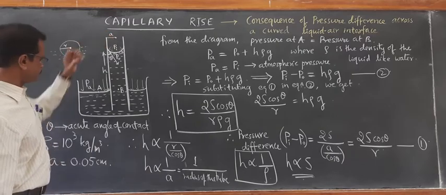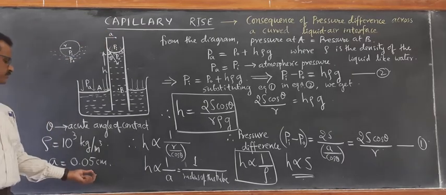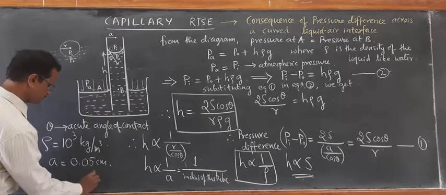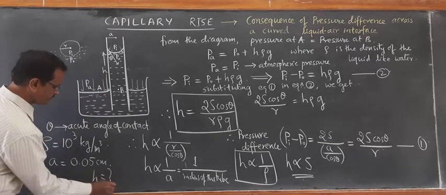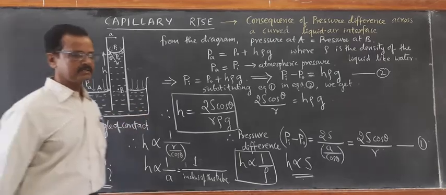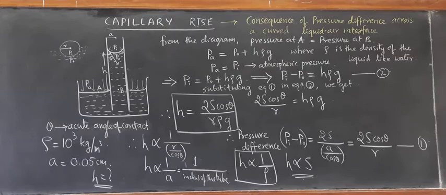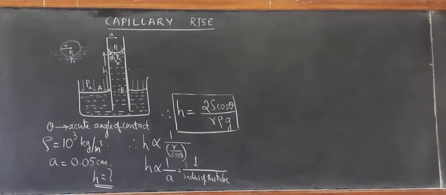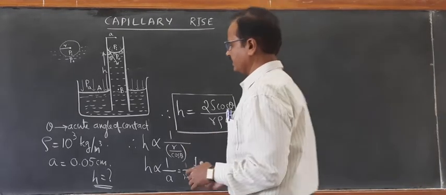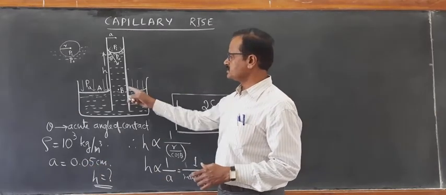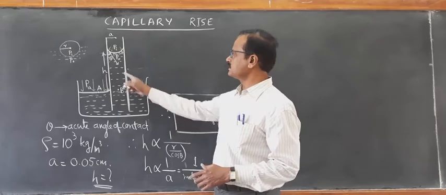For a capillary tube of radius 0.05 centimeter, what is the capillary rise H? If this question is asked, we can very easily calculate using this equation. Let us see. So for a capillary tube of radius 0.05 centimeter, if it is dipped in water, what is the capillary rise?